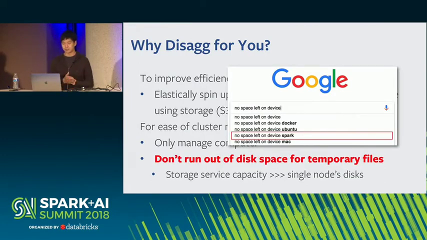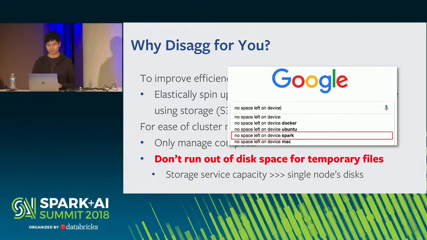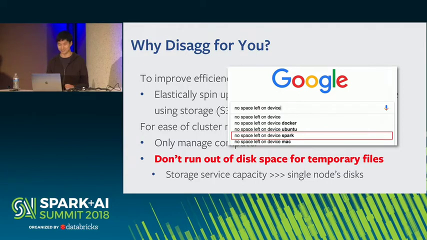There's also another benefit that we've seen at Facebook, but we also see this problem a lot in the community as well. When I put "no space left on device" into Google, the third thing that came up was "no space left on device" for Spark.